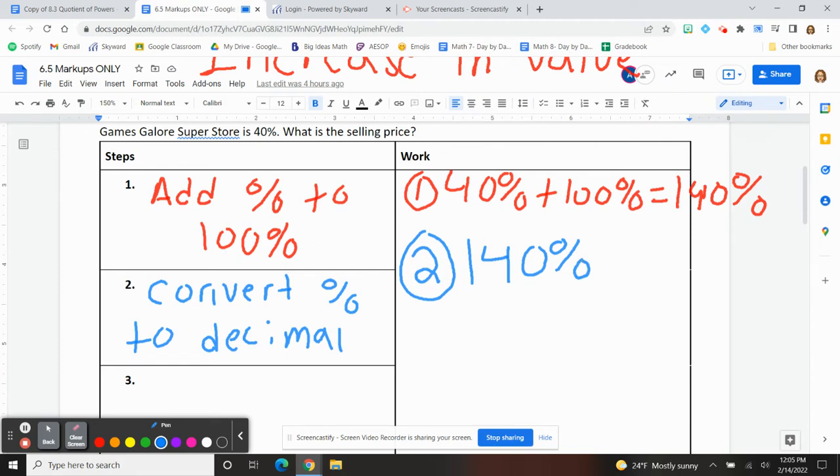In order to do that, all we got to do is move our decimal 2 to the left. Our decimal is after this zero because it's 140.0 and the second zero is missing. And all we got to do is move our decimal 2 to the left, making 140% equal to 1.4.